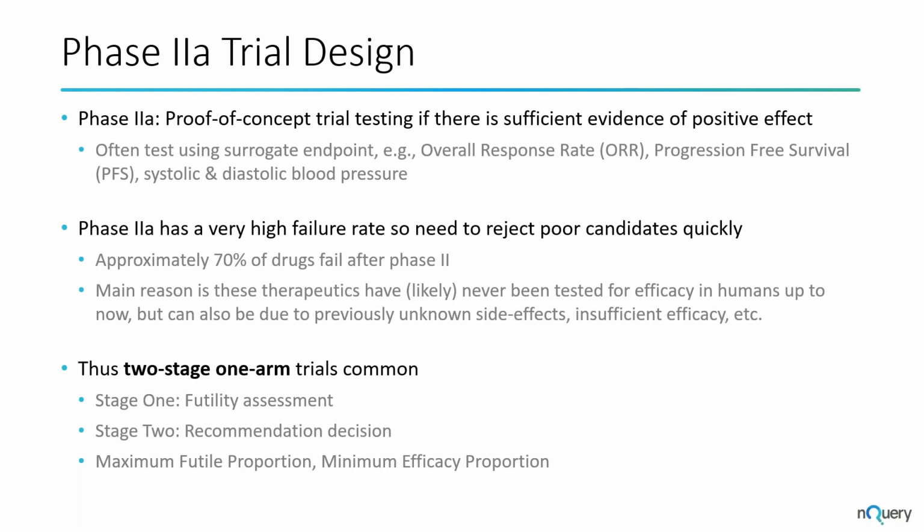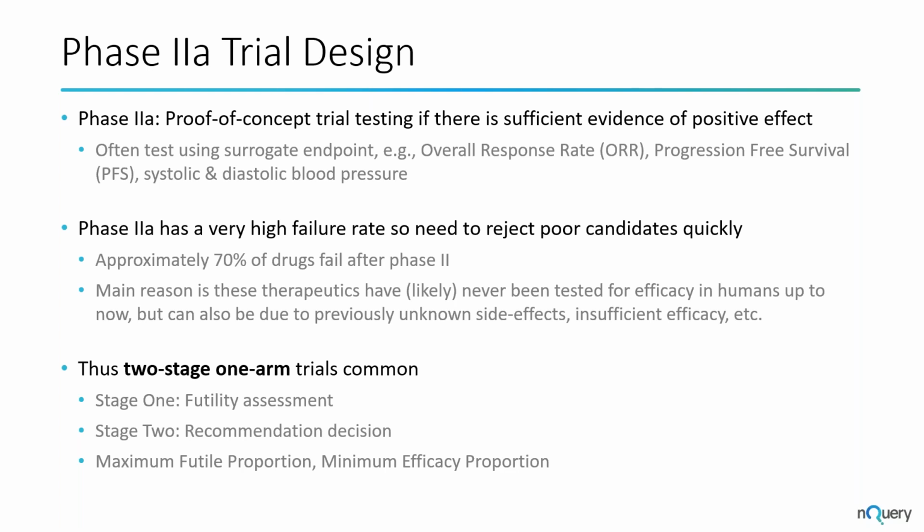If you're above the threshold, then you will recruit the remaining number of subjects needed and base a decision to recommend the treatment continue to phase 2b or not on this total sample size. So essentially, stage 1 is a futility assessment. And then if you continue to stage 2, you can make a go, no go decision at this point.